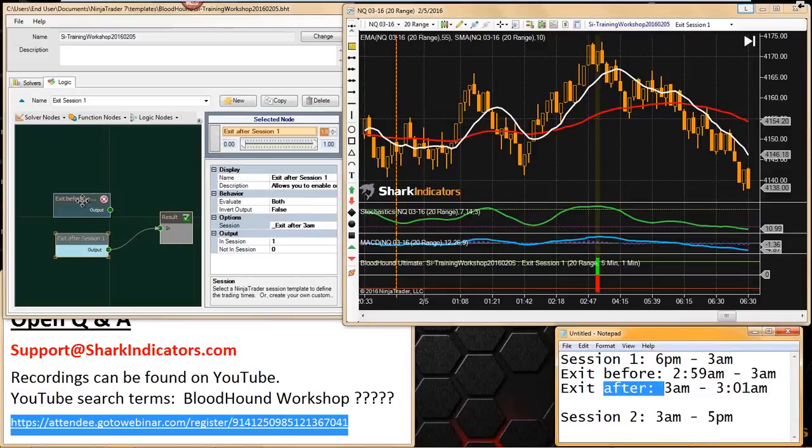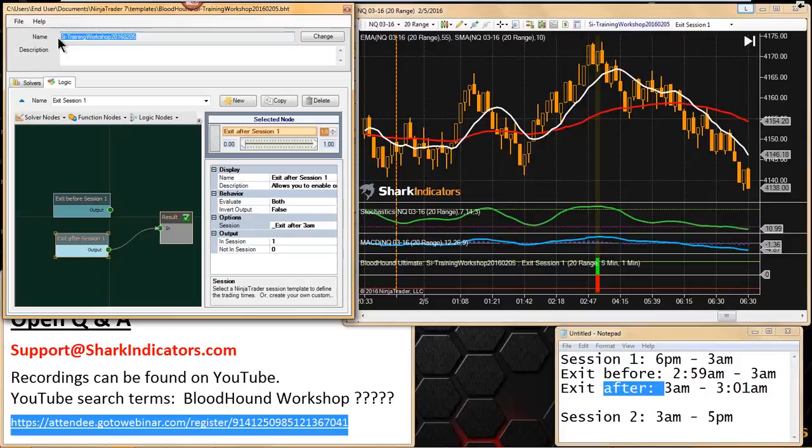let's see, the other way to do this is to build 2 separate BloodHound logic templates. So you build one BloodHound file for session 1 and a separate BloodHound file for session 2. That way they're not interfering with each other, and you'll have to run 2 instances of Raven on the chart as well.